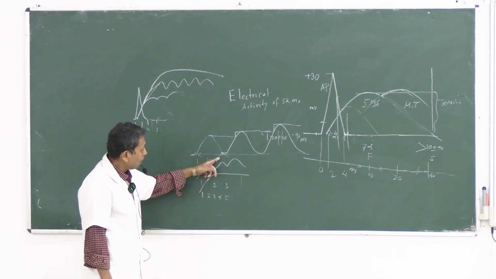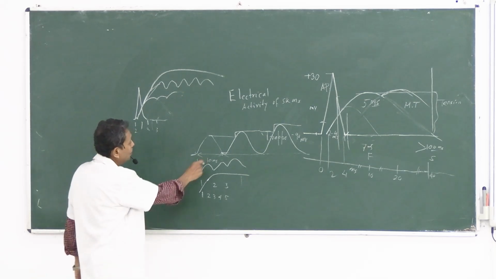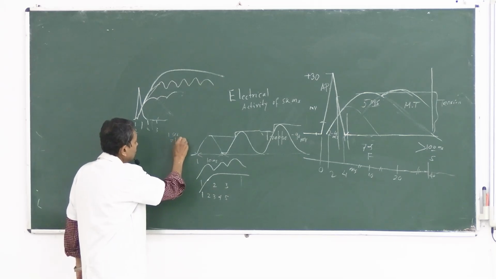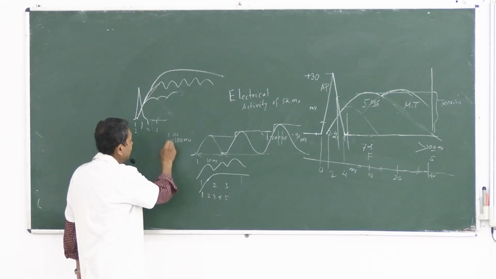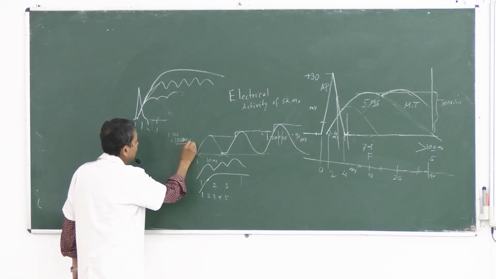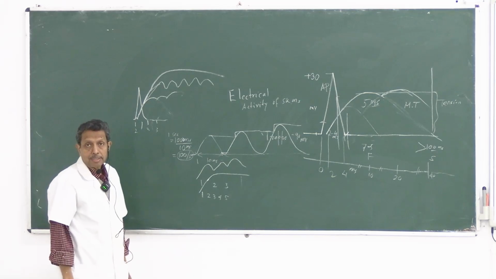But if the second impulse falls within this 10 millisecond, that is, if it is 10 millisecond, 1 second is equal to 1000 millisecond. If you divide 1000 by 10 millisecond, you get 100 per second.